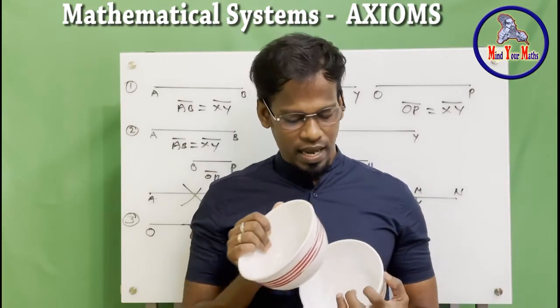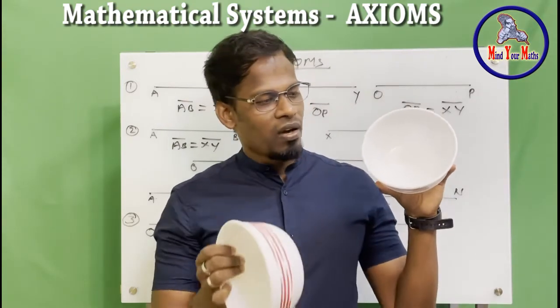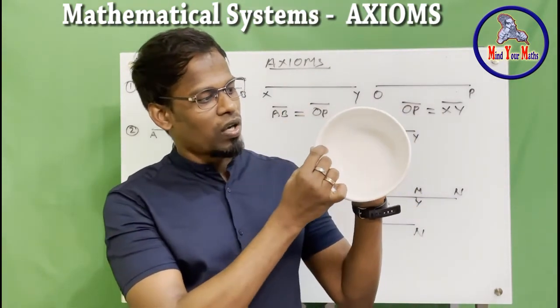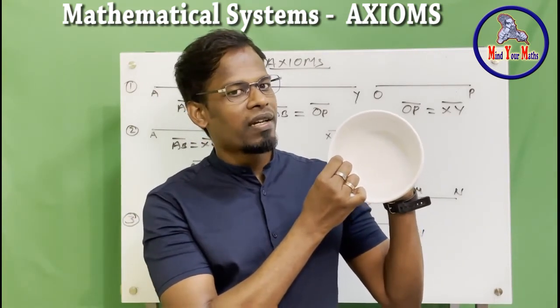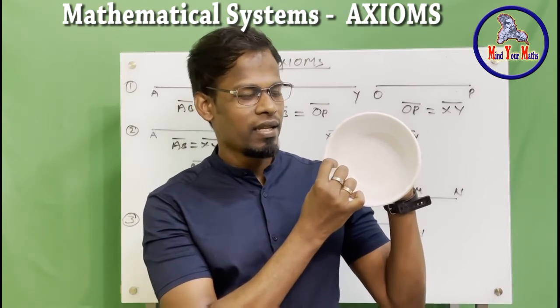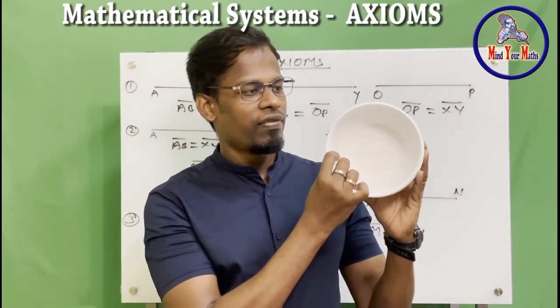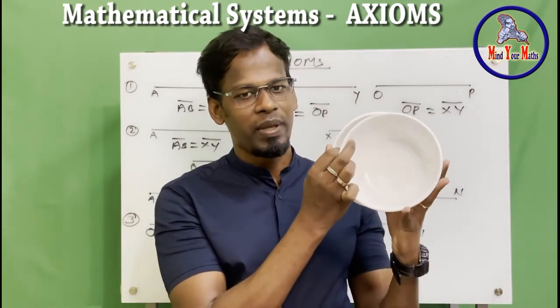What it means is that now you see here this bowl. Coinciding means you put the other one on top of it. Now what will happen is you cannot see the one that is behind. Right? Now if you exchange the bowls also, you cannot see the one that is behind it.